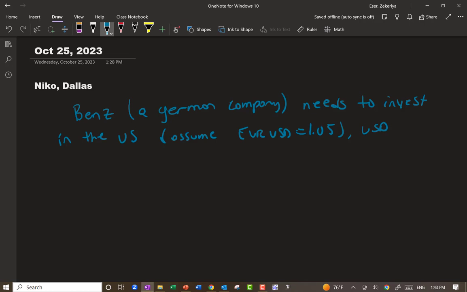USD $42 million. Which is equivalent to euro 40 million at the current exchange rate.